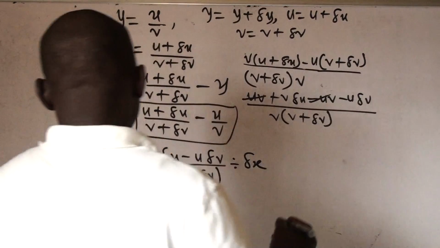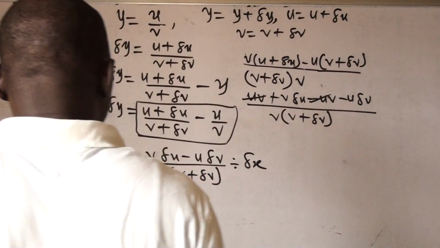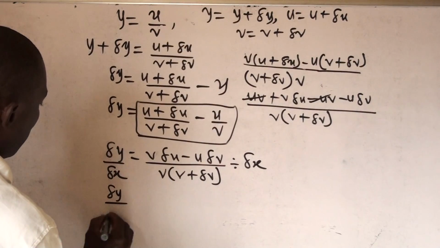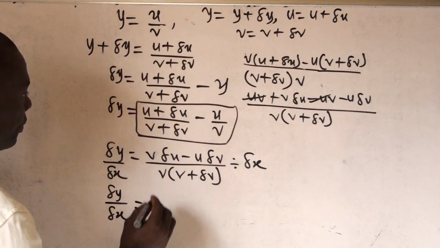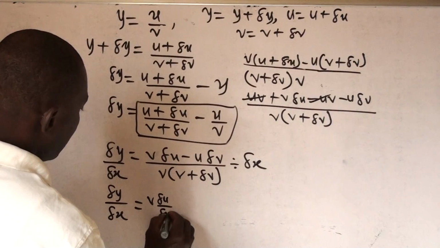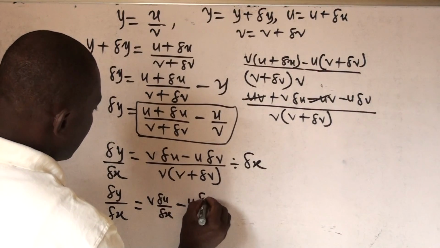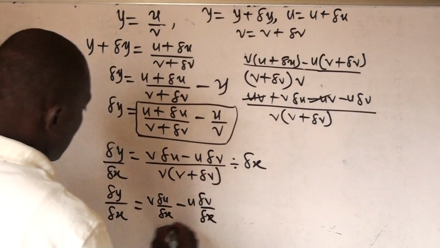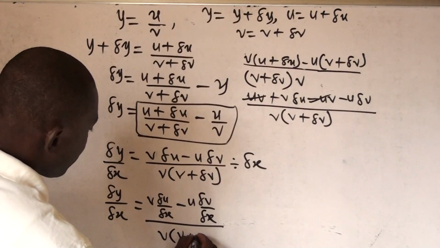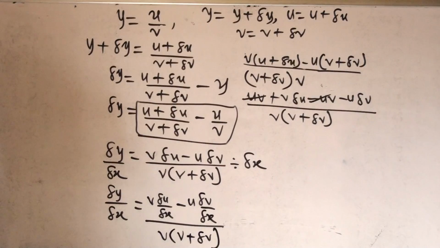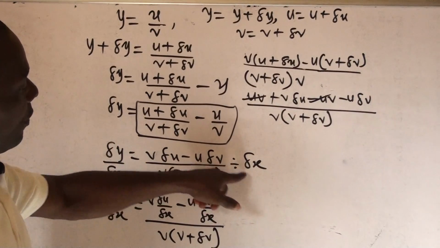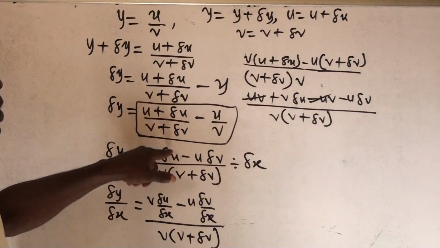So we can simply write delta y over delta x equals v delta u over delta x minus u delta v over delta x, all over v open bracket v plus delta v close bracket.